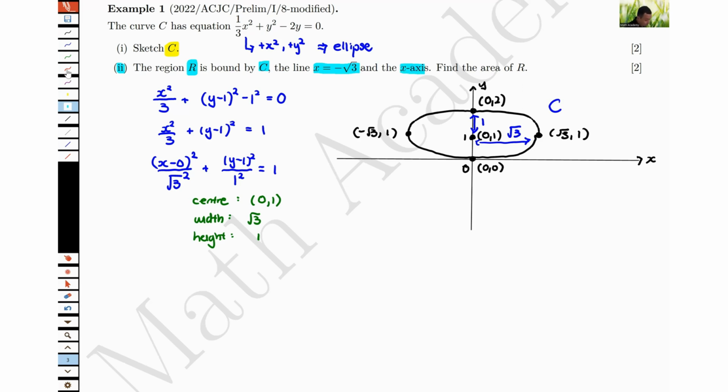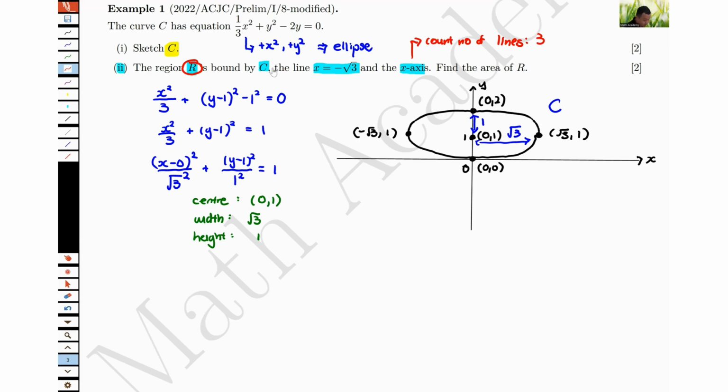So I want to remind you also that when you find any particular region, always make sure that you count the number of lines carefully. They told you that the region is bounded by C, a vertical line and a horizontal line. The number of lines is 3, which means that later after I shade the region, we should check the perimeter to see that there are really these 3 lines appearing.